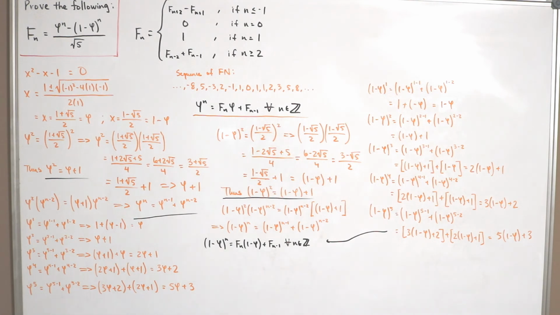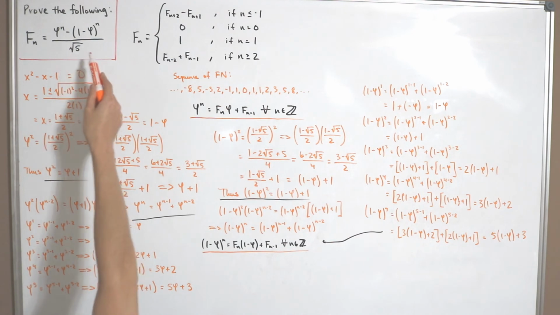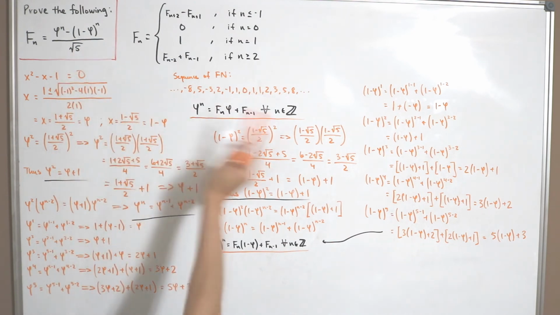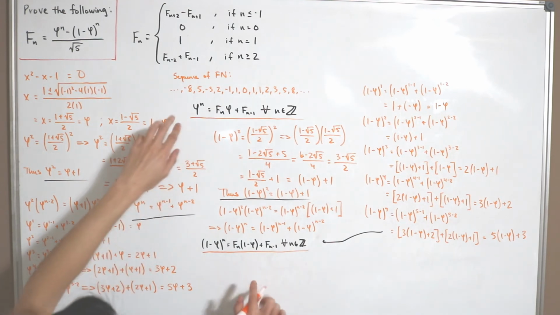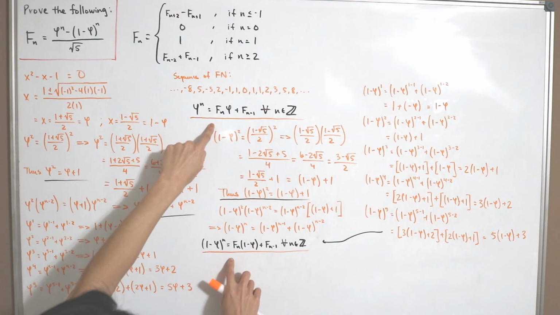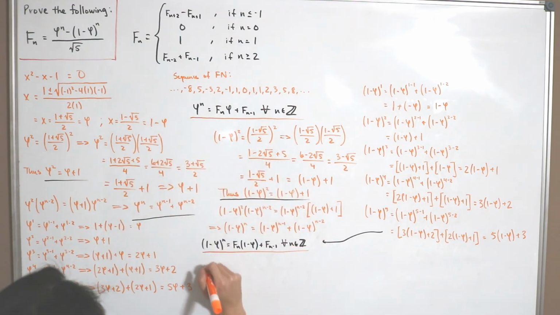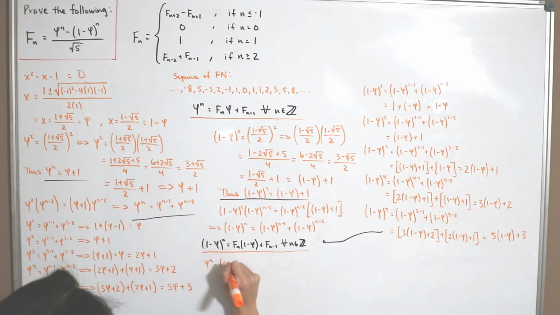That's pretty cool. Okay, so now the next thing is that we want to prove the following: the difference of phi to the power n minus (1 minus phi) to the power n. So really what I want to do is take the subtraction of our two formulas that we explicitly found. So phi to the power n, then subtract that with (1 minus phi) to the power n.